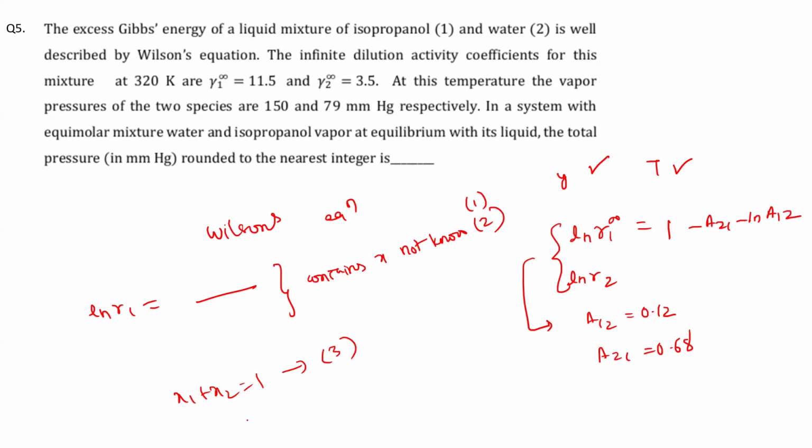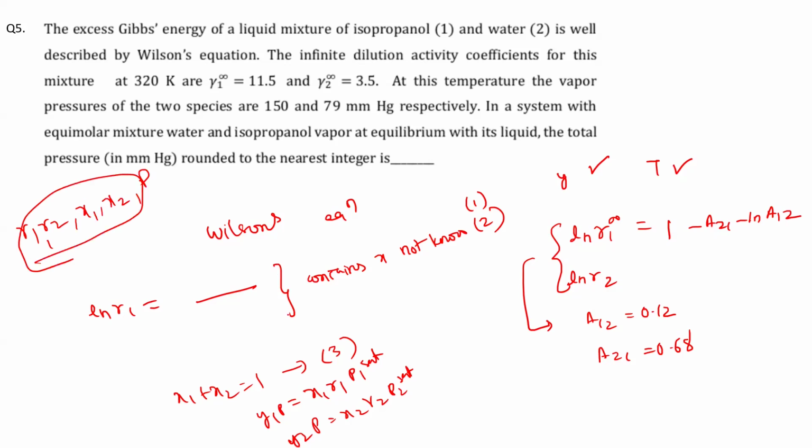And again, you will have Raoult's law, y1P is equal to x1 gamma 1 P1 sat, y2P is equal to x2 gamma 2 P2 sat. So anyway, here P1 sat and P2 sat are known. So what variables you have right now is gamma 1, gamma 2, x1, x2, and P. So these are the 5 variables with 5 equations. And similar to the last one, you have to solve these equations in MATLAB and find out. Okay.